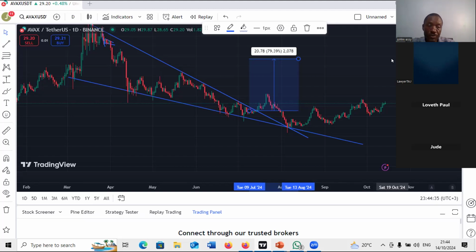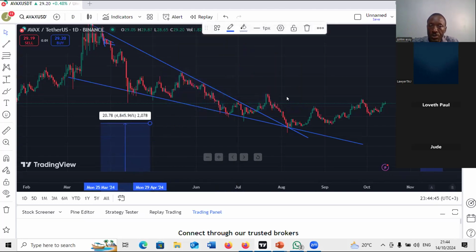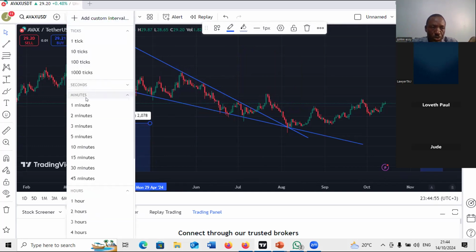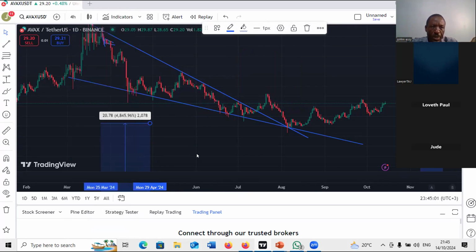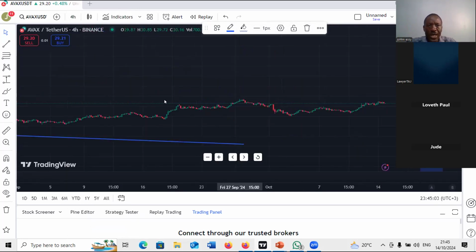Now, I've always been saying that we do the top-down approach. This one here I've done without checking the top-down seriously, but it is advisable you start on a higher time frame, like 1 day, then you come down to, let's say, 4 hour, and find out what will happen here.